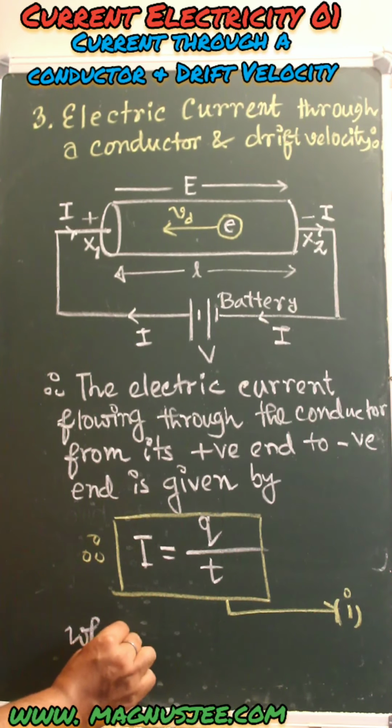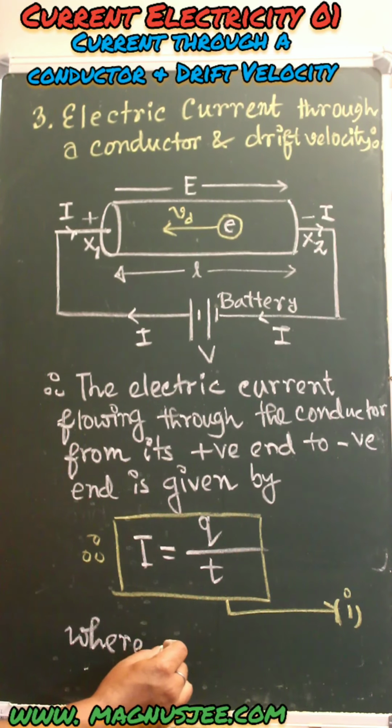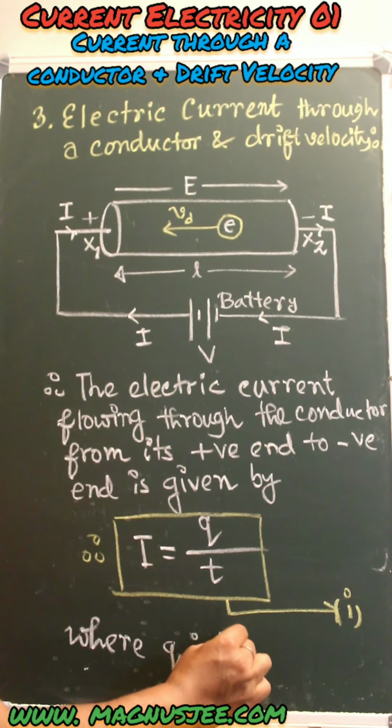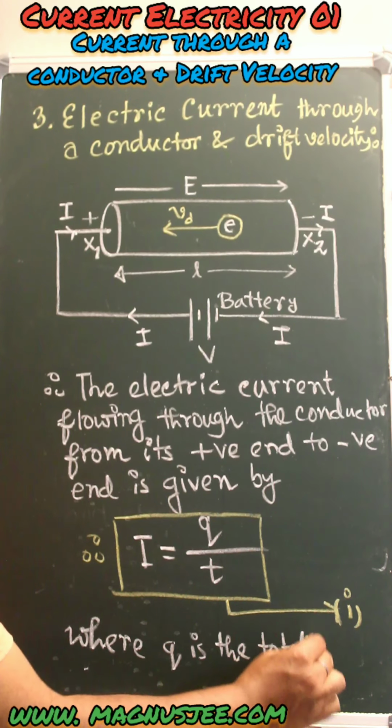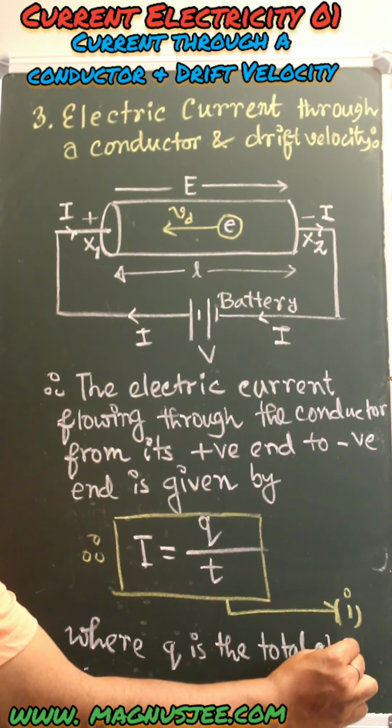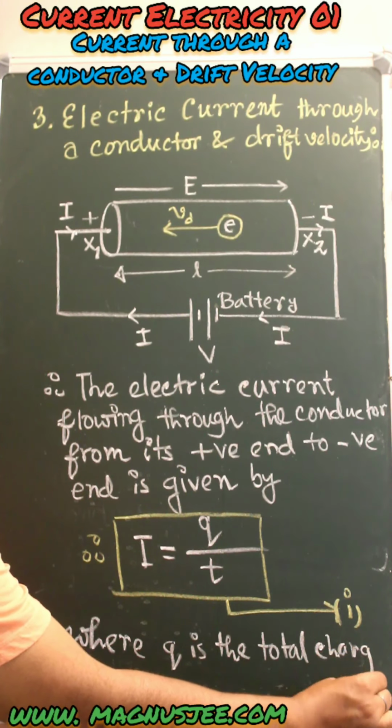Where Q is the total charge of all the n free electrons of the conductor.